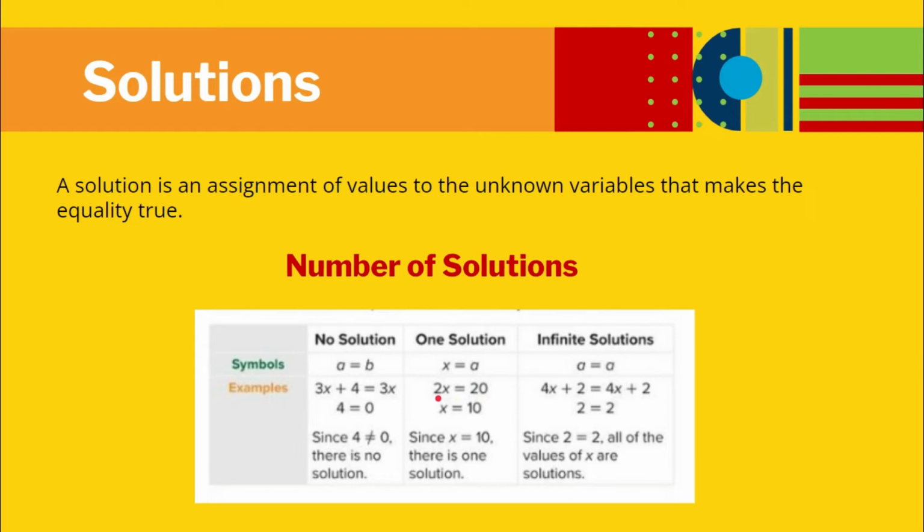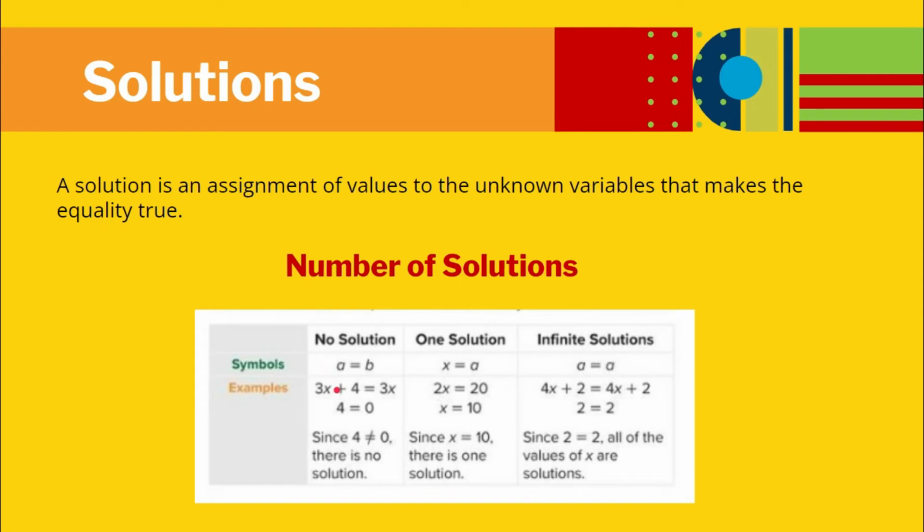We've learned before that whenever we have a coefficient right next to a variable, this indicates multiplication, and to simplify it, we use the inverse operation. So we divide both sides of the equation by 2, and we have our solution, x equals 10, while others have no solution. When this occurs, no value will make the equation true.